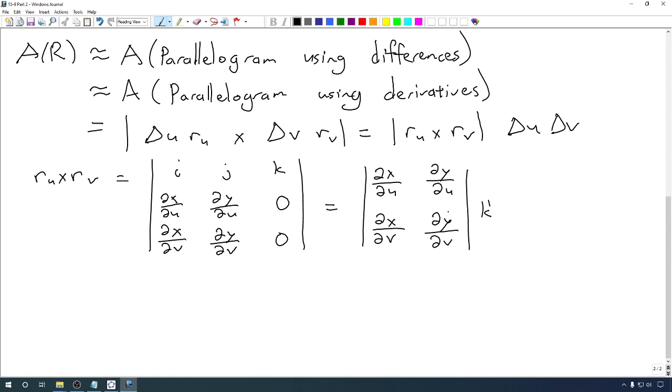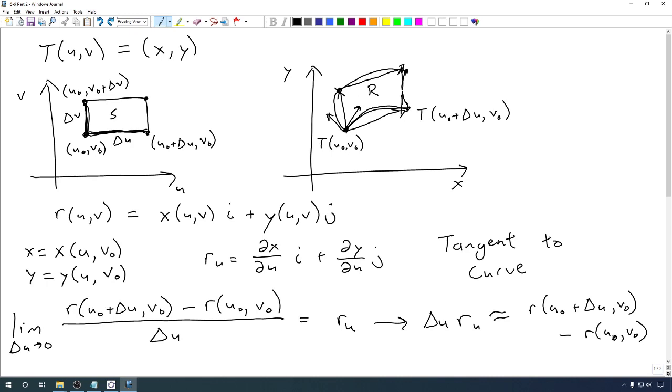And the reason why we don't want this to be 0 is that this is actually the magnitude. This determinant, since k is just a unit vector, the absolute value of this determinant is actually going to be this multiple, this magnitude of r_u cross r_v times the area of the original S. And we don't want the area of R to be 0, because then we're dealing with something that is no longer some two-dimensional region.